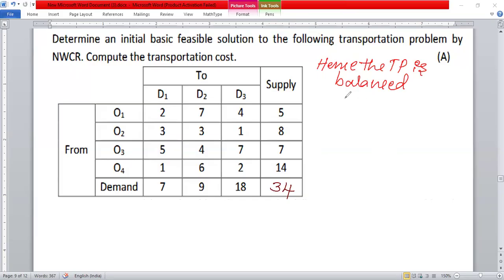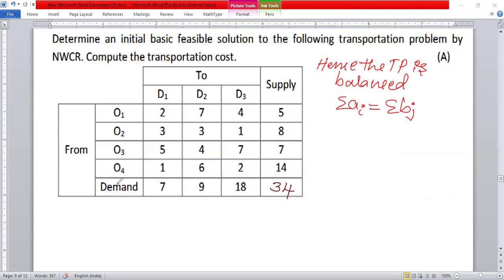Note that, guys, this question is repeated a number of times. When TP is balanced, you are supposed to write this equation: summation of ai is equal to summation of bj. It's a very important one. When TP is unbalanced, summation of ai is not equal to summation of bj.